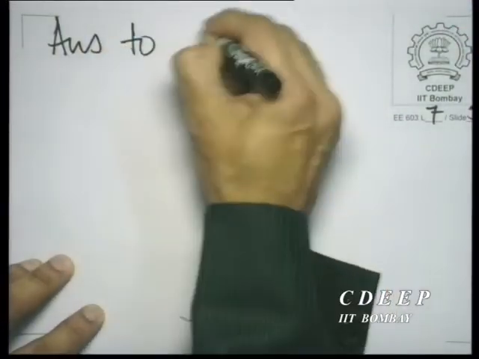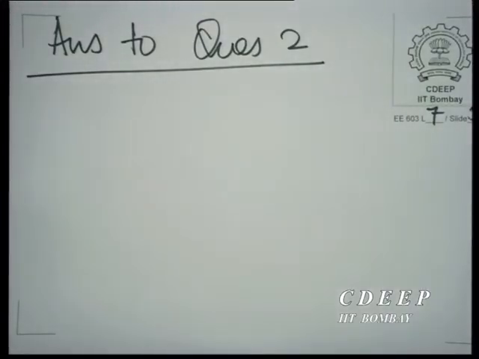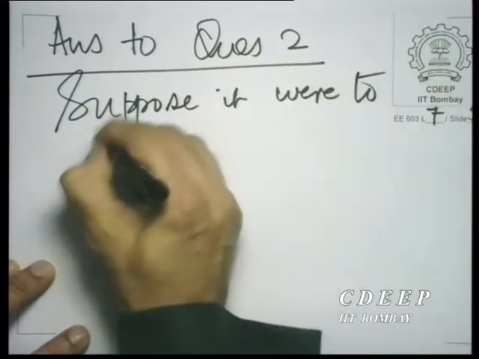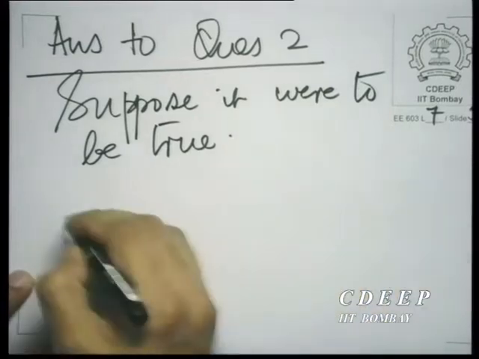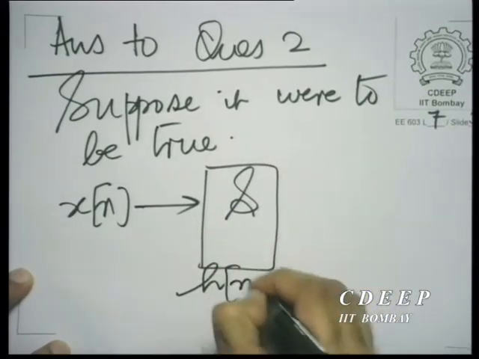Now, we will answer the second question first. In fact, the answer to the second question would emerge from trying to find out whether I can change the location of the bracket. You see, what I mean by that is, suppose it were to be true that I could replace S1 and S2 in cascade by a single system S, perhaps with impulse response h of n.